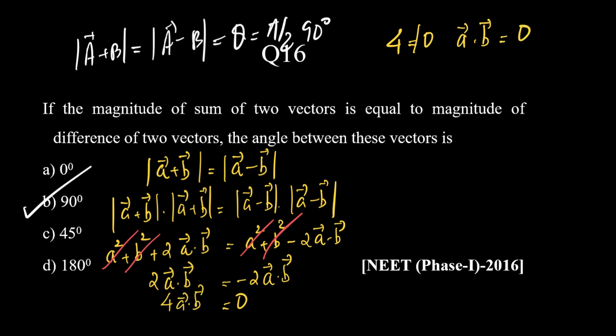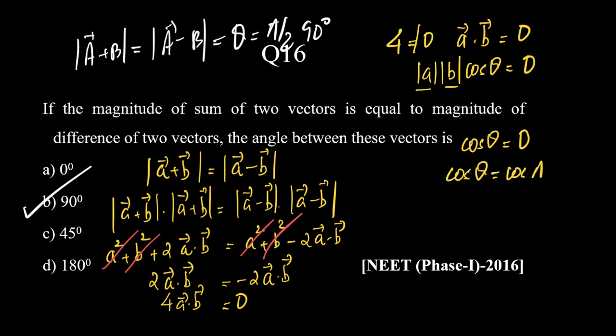Now what is a dot b? a dot b is mod a mod b cos theta is equal to 0. Since it is not specifically given that either a or b is a zero vector, we can assume that a and b are non-zero, which means the only possibility is cos theta is equal to 0, which implies cos theta is equal to cos pi by 2. Therefore, theta is equal to pi by 2.